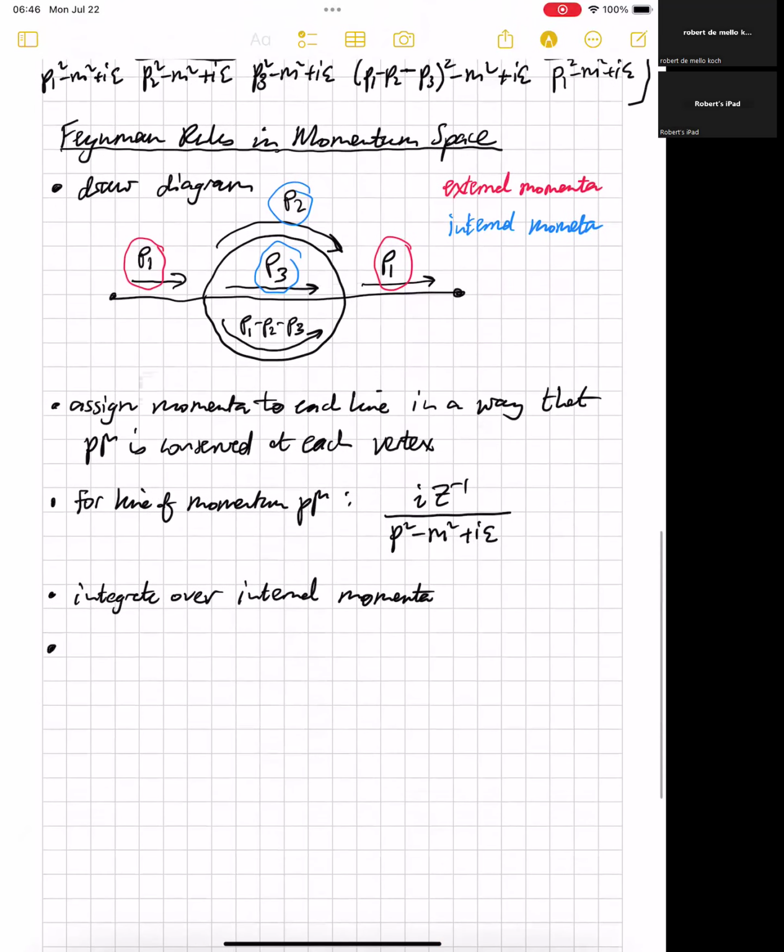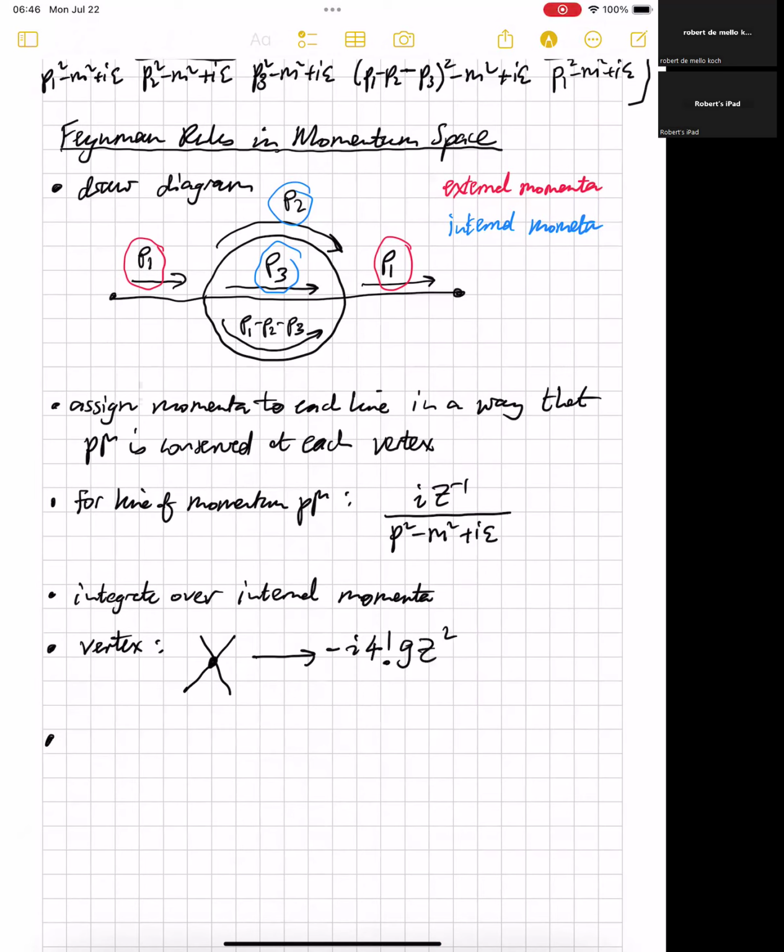For the vertex, there is no longer an integral over the position of the vertex. So the vertex is now just replaced by minus i 4 factorial g Z squared.